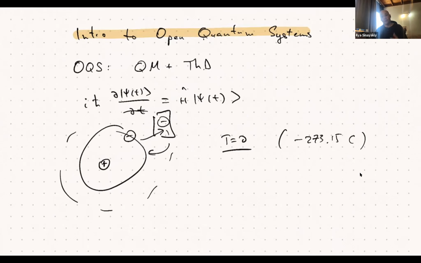And because the environment is at zero temperature, that photon could not go back, or is extremely unlikely to go back to the atom to re-excite it. However, a process like that happens when your system is interacting strongly with the external environment. Whatever this means, and what does it mean, we're going to talk a little bit later.